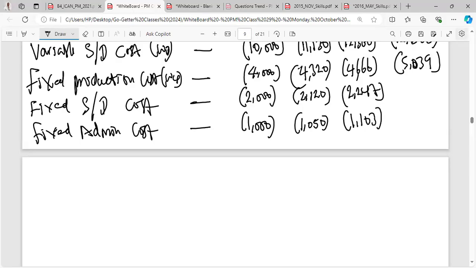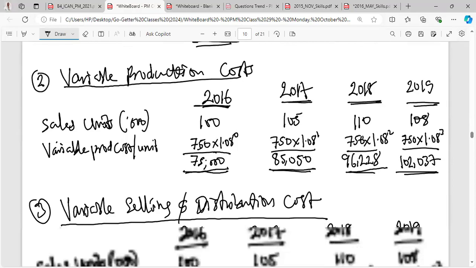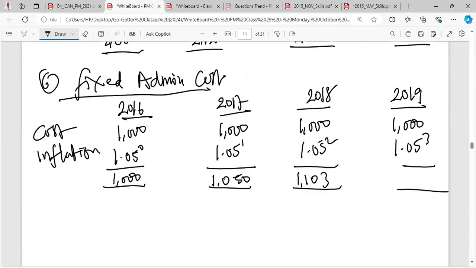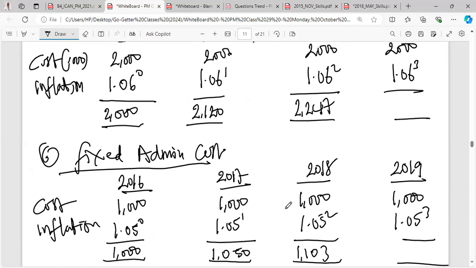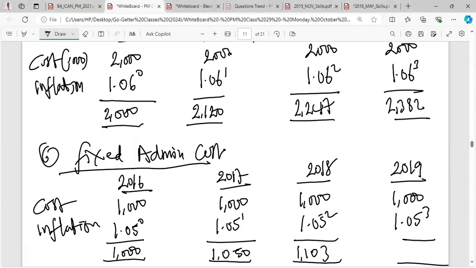All right, so let's go to the last one. 1.06 raised to power 3 multiplied by 2000 gives 2382.